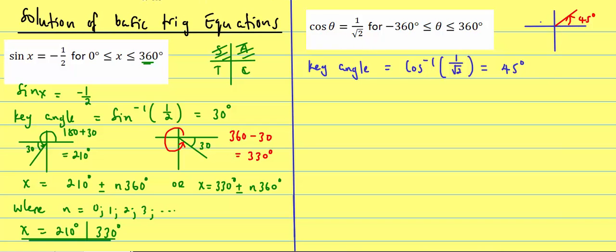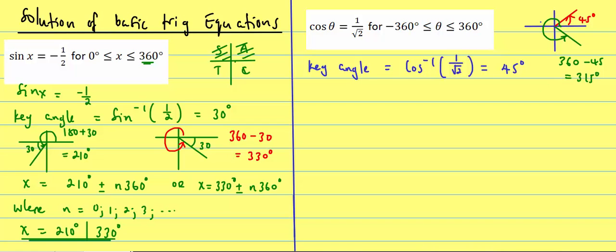Again, using the CAST diagram, we can see that cos is positive in the first and also positive in the fourth quadrant. So this one I'm going to show using this green line here. The required angle is going to be this that goes round, and it should be equal to 360 minus 45, giving us 315 degrees.